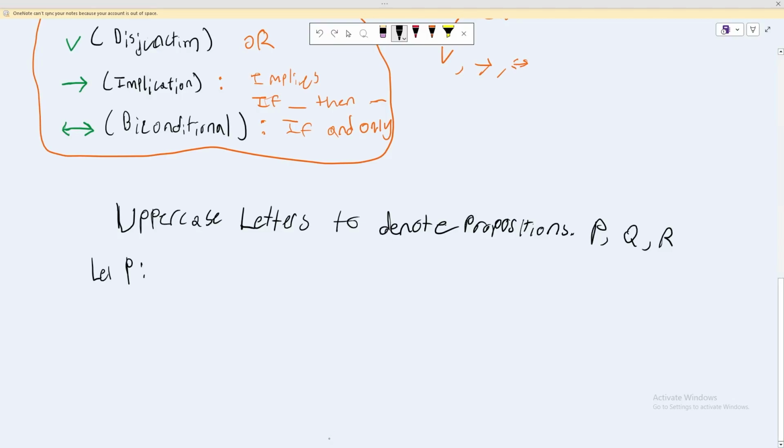Actually, I'll do one example of this, where we translate an English statement and turn it into a logical expression. To do that, I'll just have two statements.